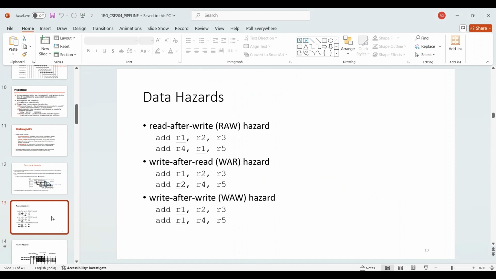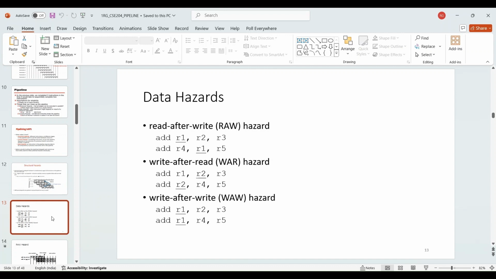Now see the different data hazards nomenclature and what the problem is. The first kind of data hazard is called read after write, or RAW hazard. Here you are seeing two instructions: add R1, R2 plus R3. It means add R2 plus R3 and keep the result in R1.